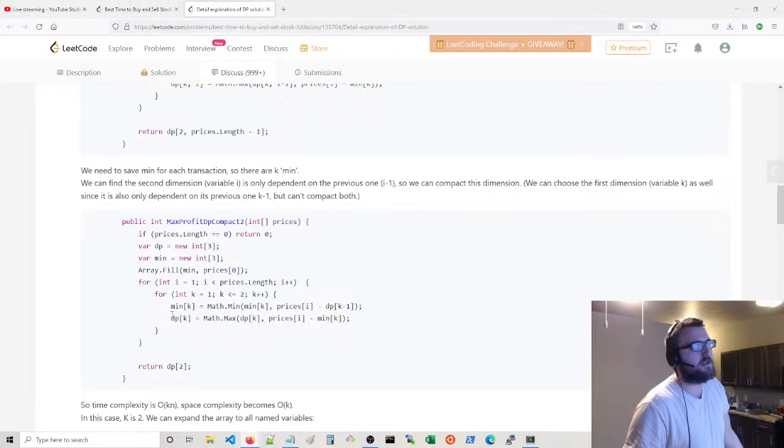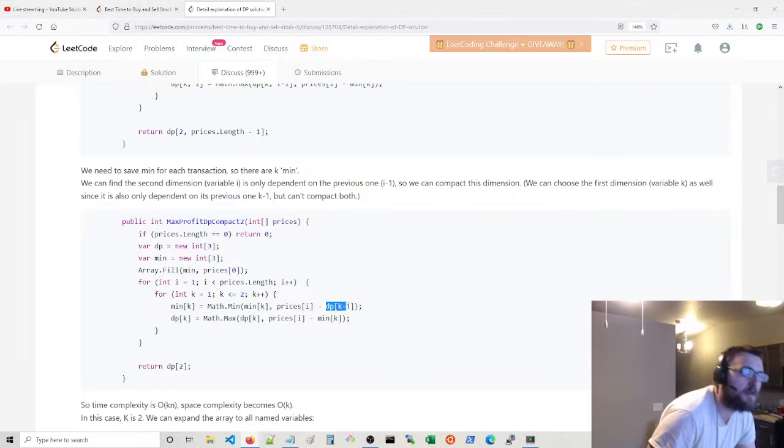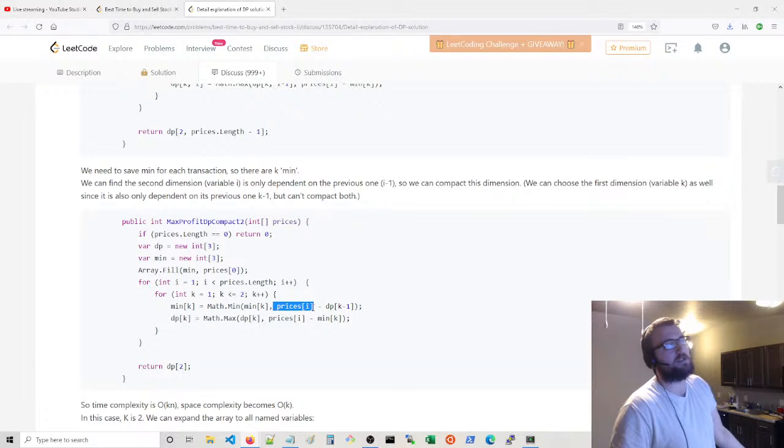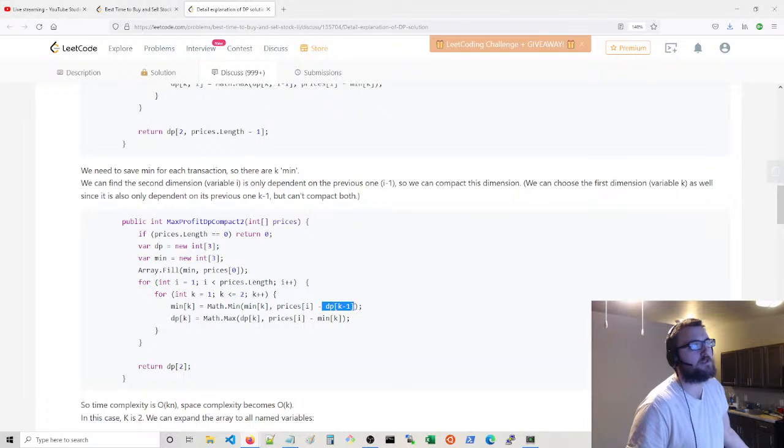And so now when you calculate dp of 2, the price is larger, and this dp of 1 is now also larger, by the same amount that the price increased. So now this minimum would be the same as what the previous price consideration was. So this minimum couldn't change even though this dp of 1 changed. And then you don't reference dp of 1 again.